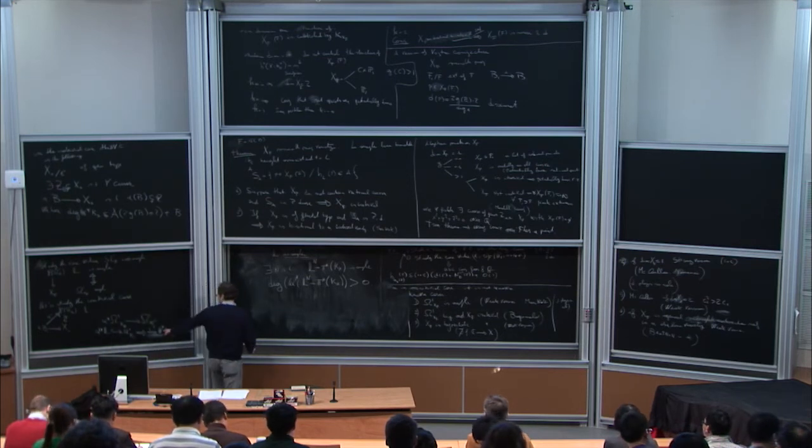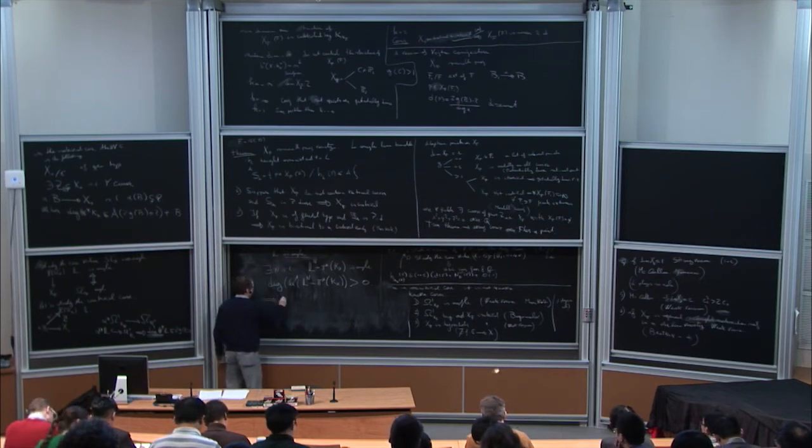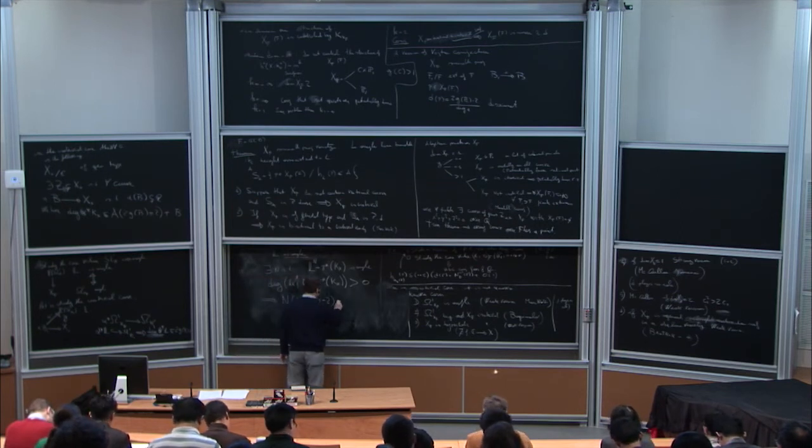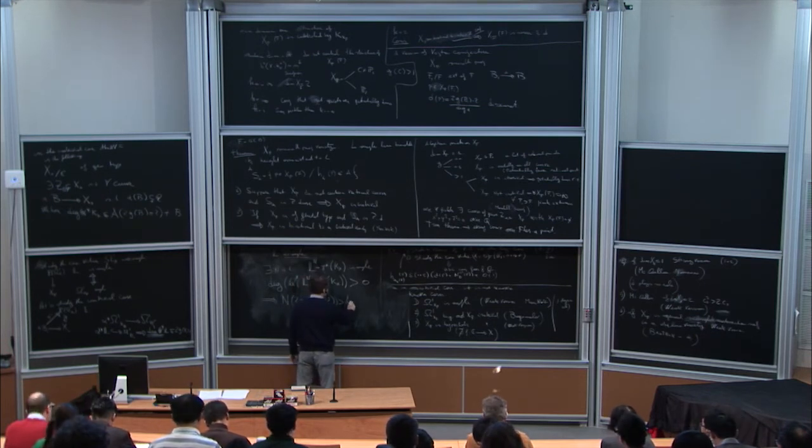You use this property, and this implies that N times (2g of B1 minus 2) is strictly bigger than the degree of alpha prime composed with pi.